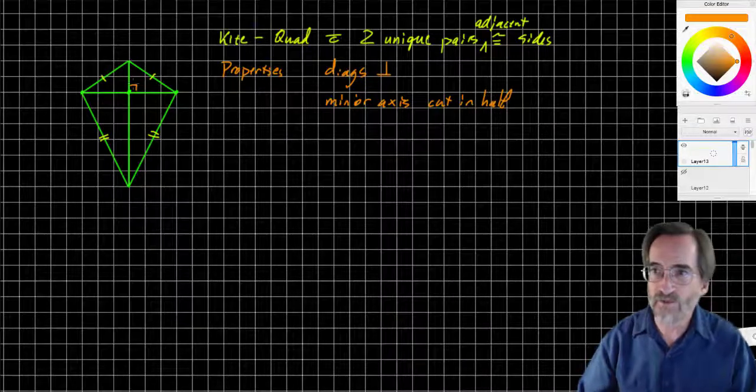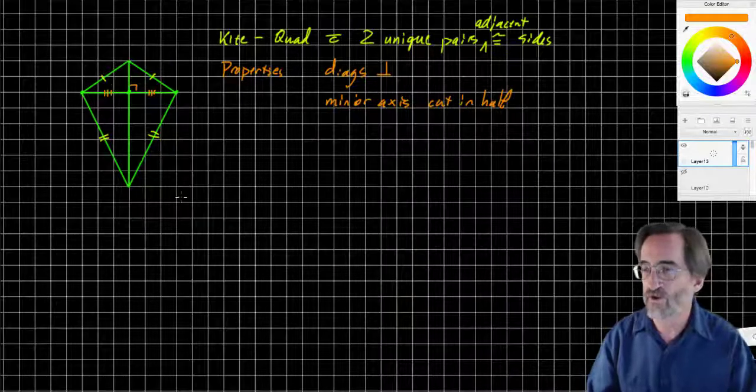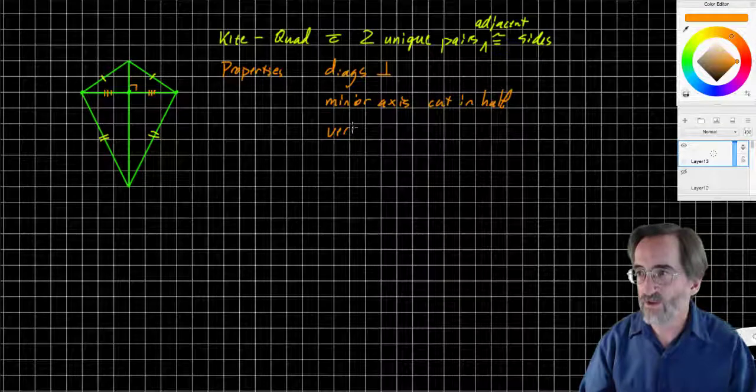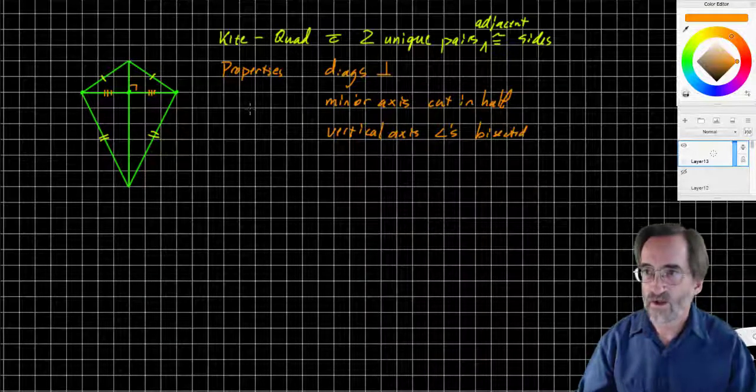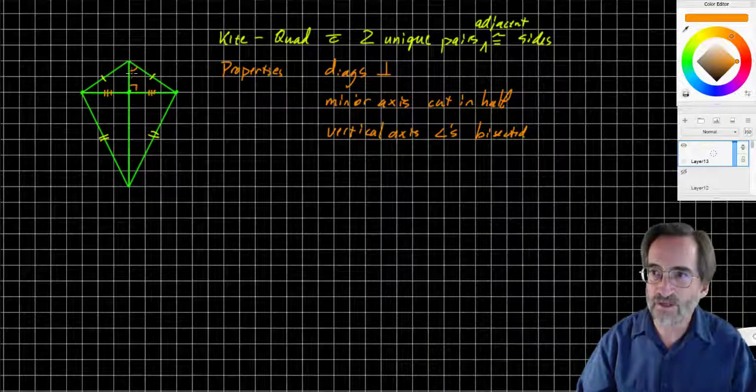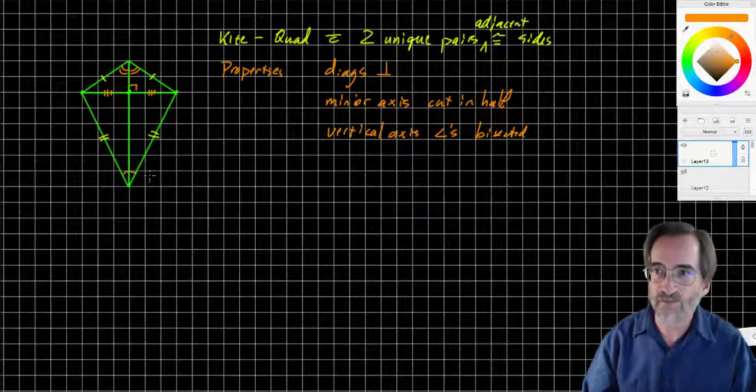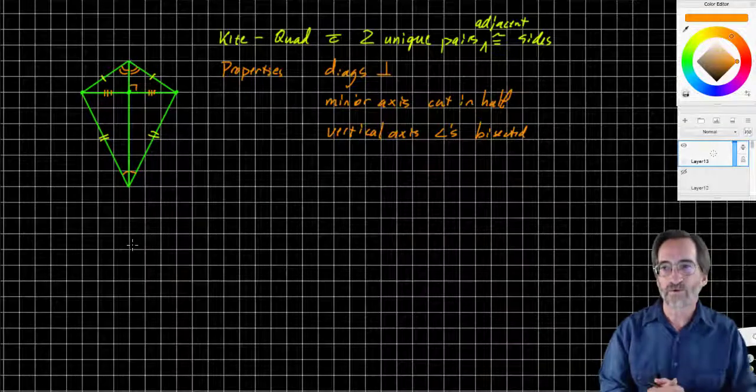That is, the left hand arm is equal to the right hand arm, with 3 tick marks to distinguish it from the other sides. And the angles on the vertical axis are bisected. So this angle is bisected, and this angle is bisected. So those are all true.